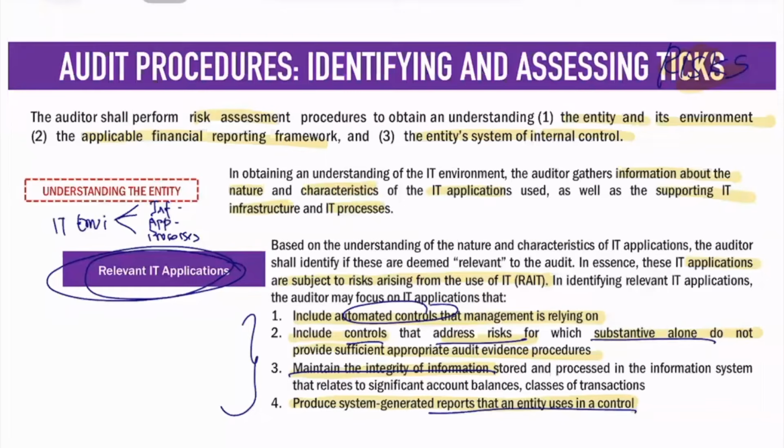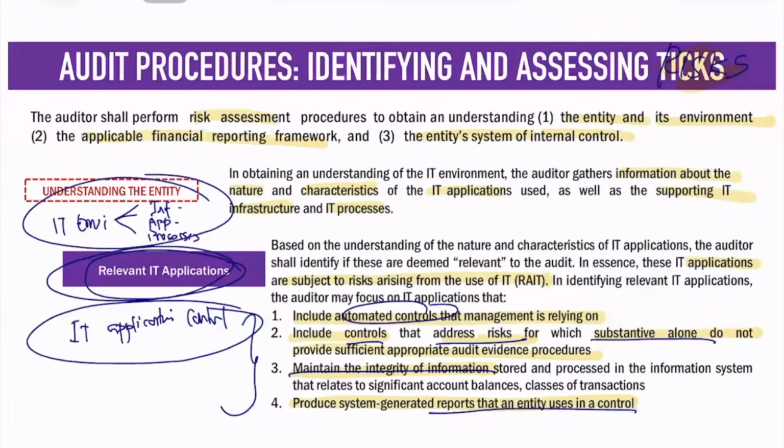Therefore, normally we look into IT application controls. So normally what we test is your IT application control. That's why once you understand the IT environment, what we test are the relevant IT applications. And what are these relevant IT applications? 1, 2, 3, and 4.